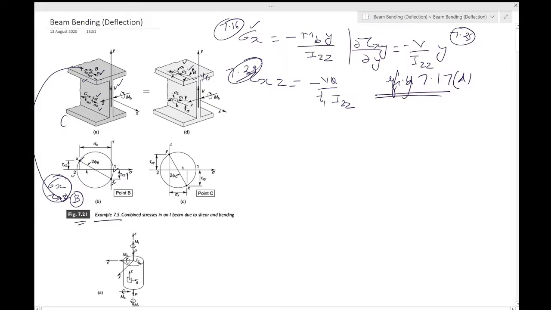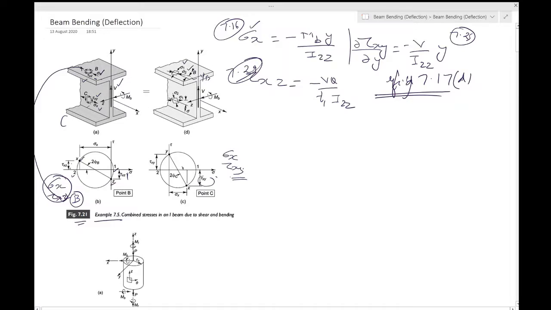Similarly, for point C, you have sigma x and then you have tau xy. Sigma x is over here, the point x, and tau xy is acting like this, so it's positive. In the previous case tau xz was negative, that's why point x was above the sigma axis. This is the same convention which we learned earlier.